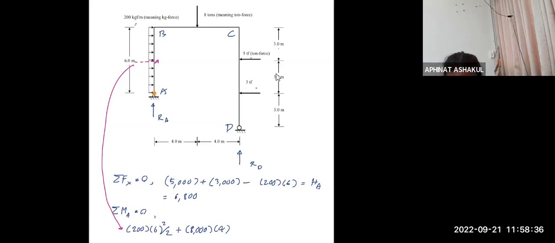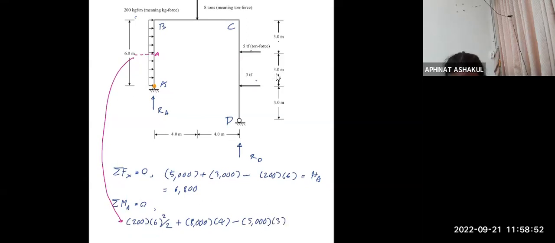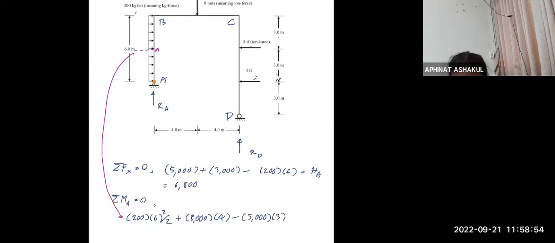The third one is that 5 tons, which will give you the counterclockwise moment. So it's minus, and the moment arm is 3. The fourth one is this one, but you can see that the line of the load actually passes through the point that we take the moment.